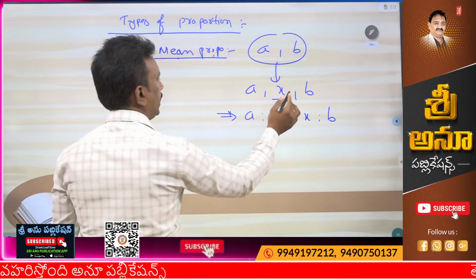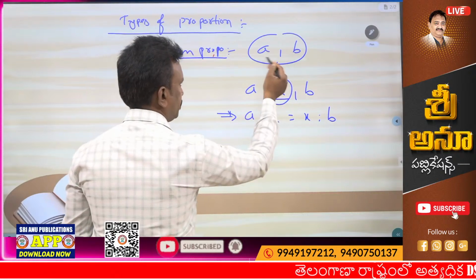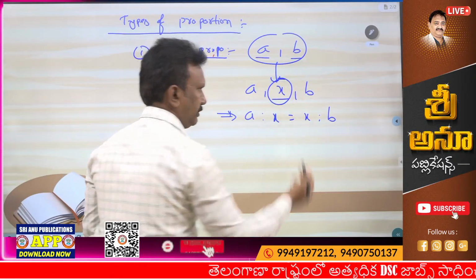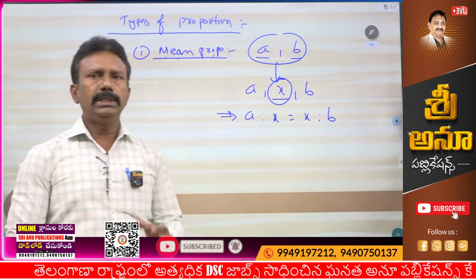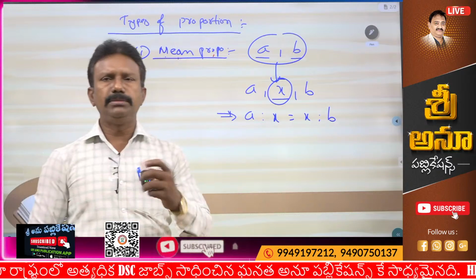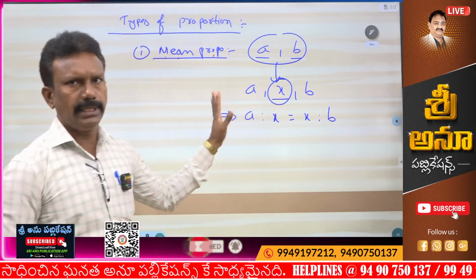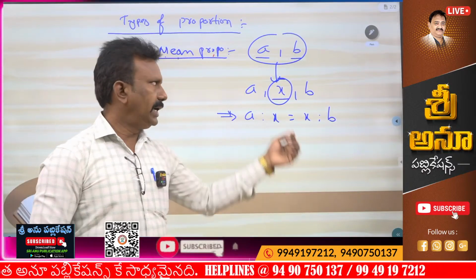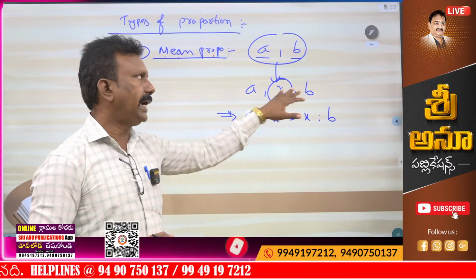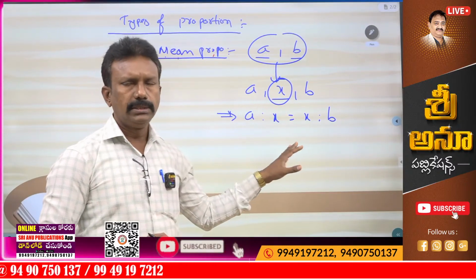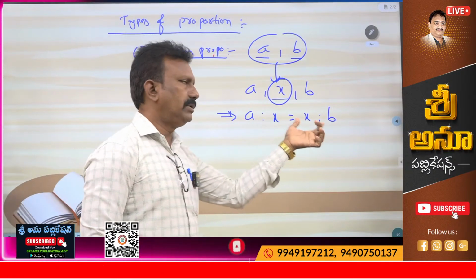Where X is the required mean proportion of two numbers or quantities A and B. So A, X, B, where X is the mean proportion of A and B. In this case, write the proportionality condition: A is to X equal to X is to B.